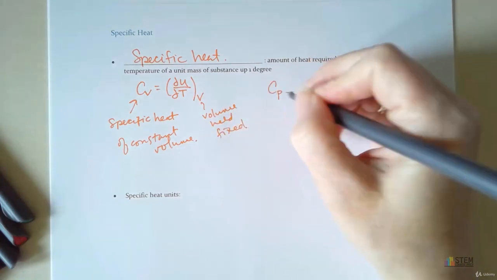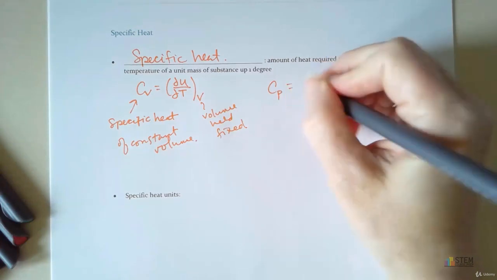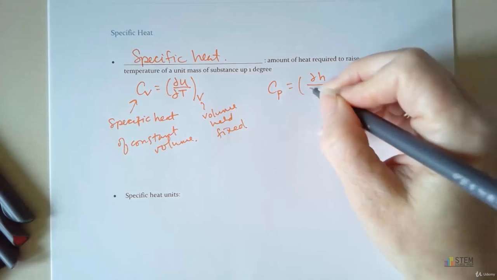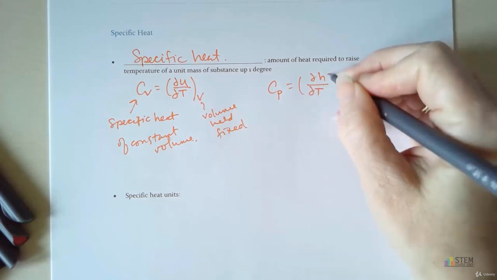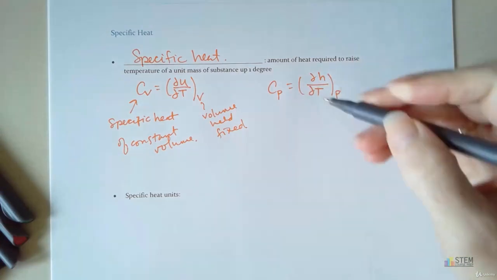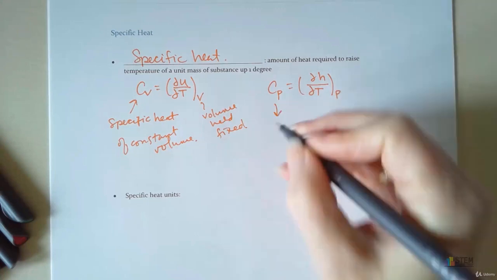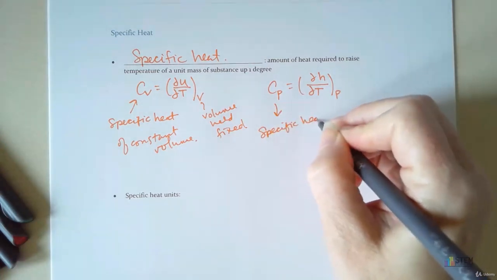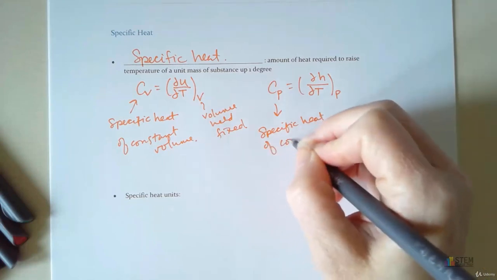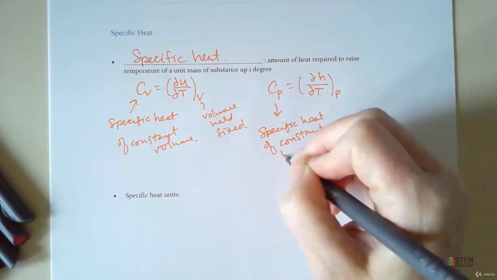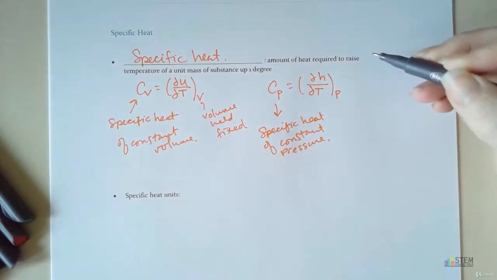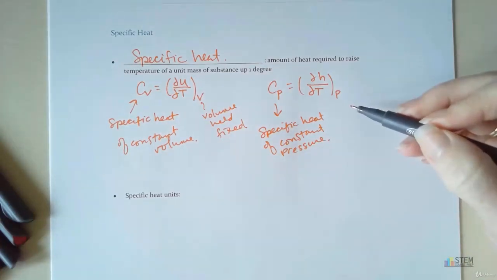Now there's another one, which is Cp. It is going to be the partial derivative of specific enthalpy with respect to temperature, and then we'll put a P here. So you can probably guess what this means. This is our specific heat at constant pressure. In this instance, we're going to raise up the temperature 1 degree, but now we're going to hold the pressure constant.